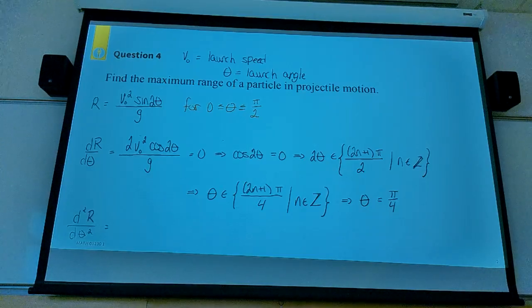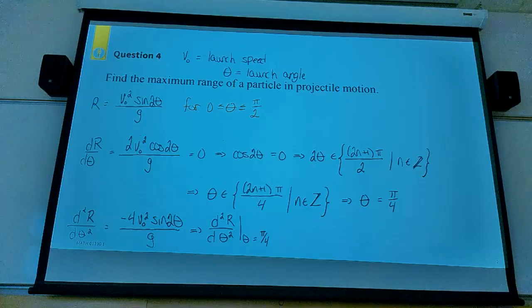What's that second derivative? It was negative 4 V naught squared what? Two times pi over 4 is pi over 2.